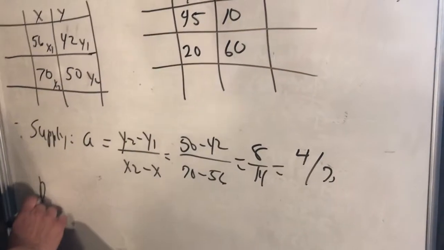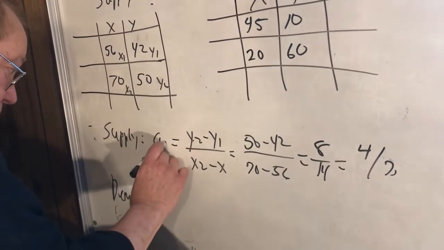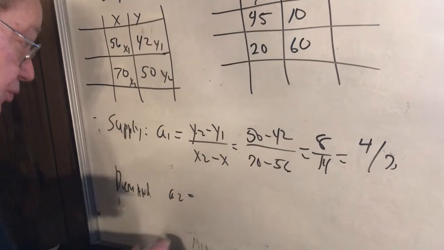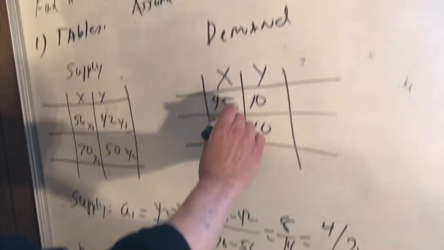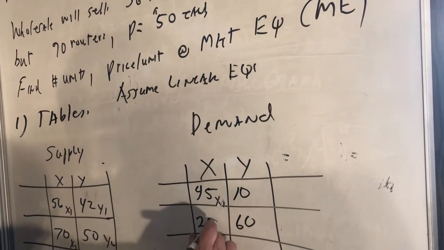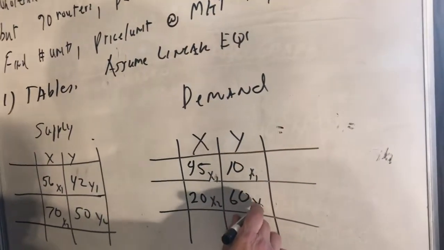And my demand slope is y2 minus y1 over x2 minus x1.